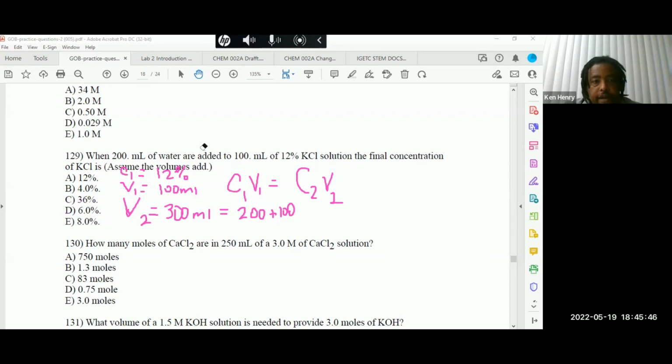Okay, so if we do our math, we solve for C2. So we get C1 V1 over V2. So C1 is 12, V1 is 100, over 300.